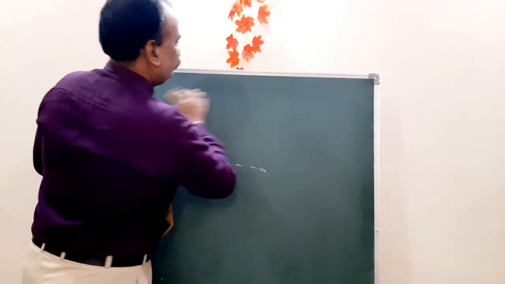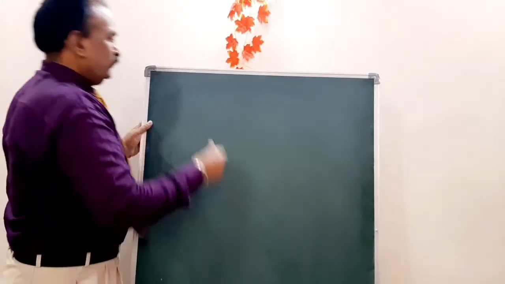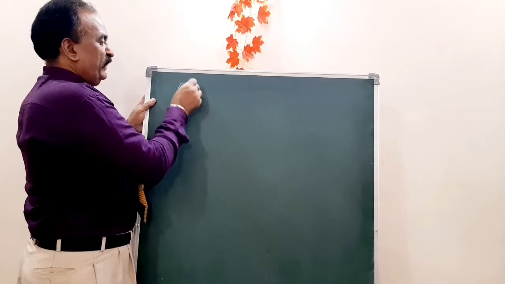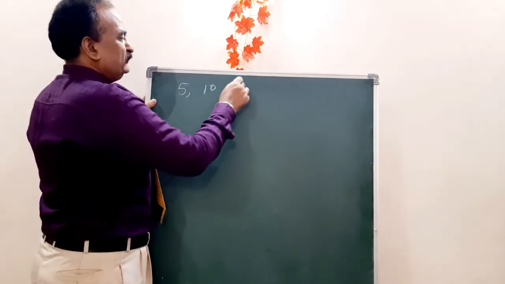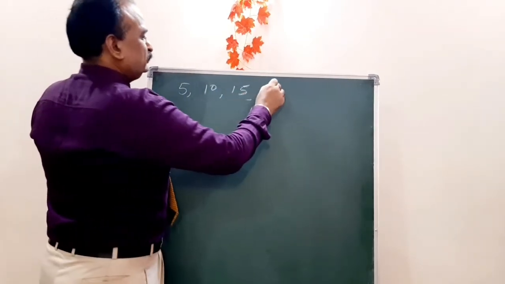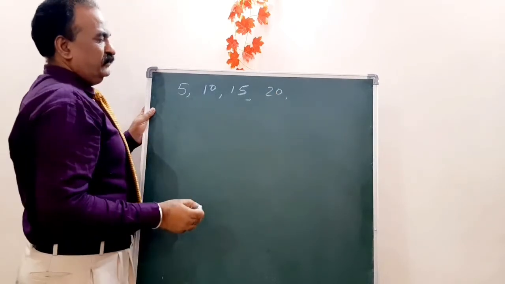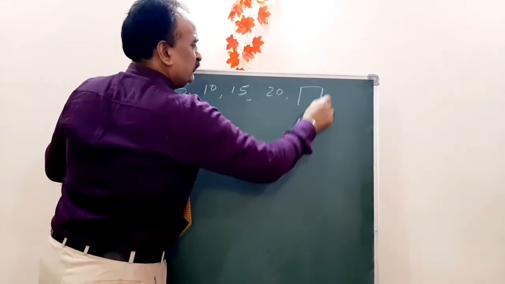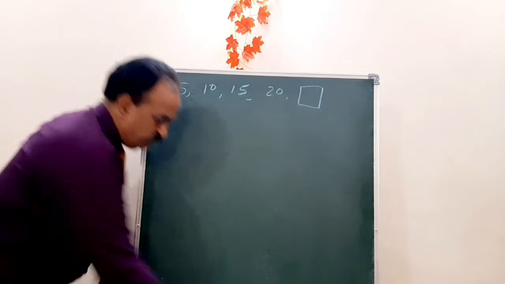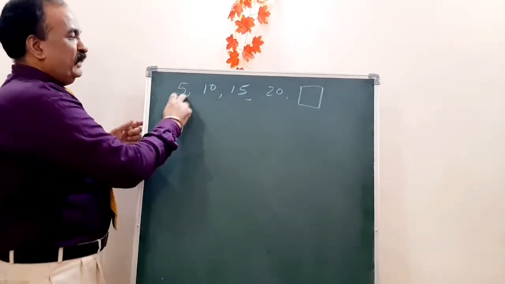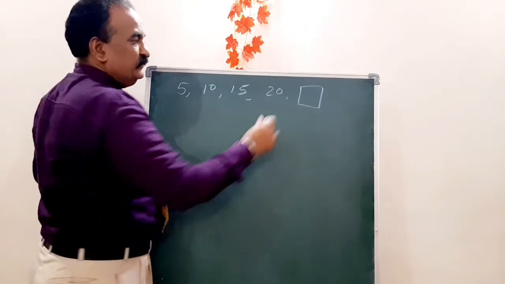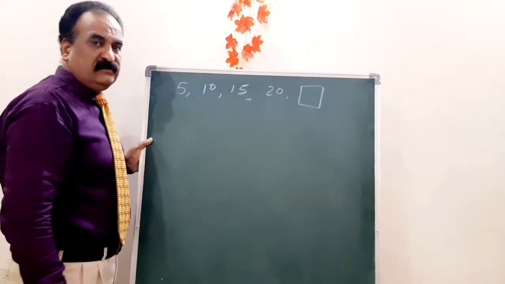Now, the question is 5, 10, 15, 20. And now you have to find this box. Okay. 1, 2, 3, 4. And this is equal to box, it is blank.